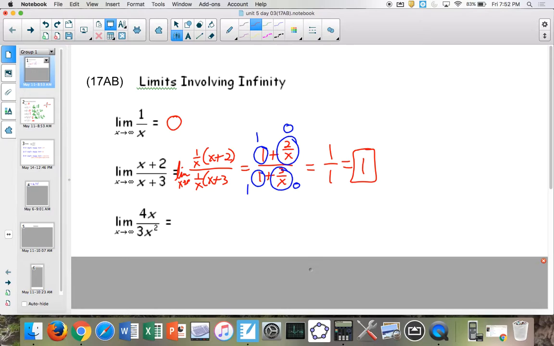If we wanted to do it the other way, though, and I'm getting sloppy here, but I should write the limit in each of these expressions. And now here, as x goes to infinity, obviously this is going to go to 0.